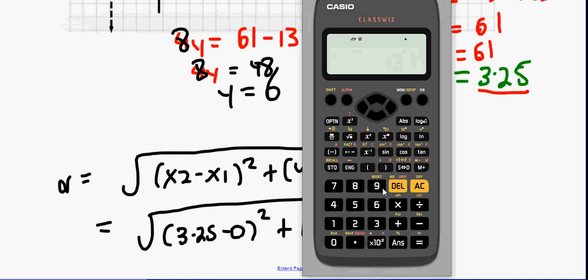So I'm going to lob all that into the calculator. 3.25 squared plus 6 squared, and we're going to get root 745 over 4. Awesome.